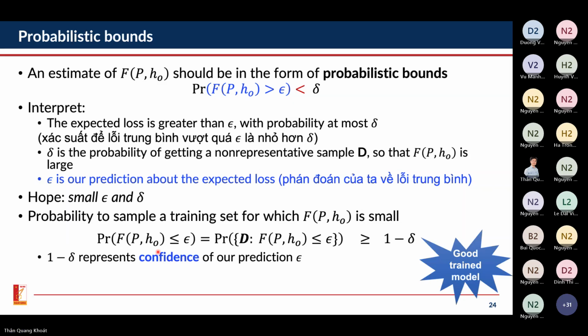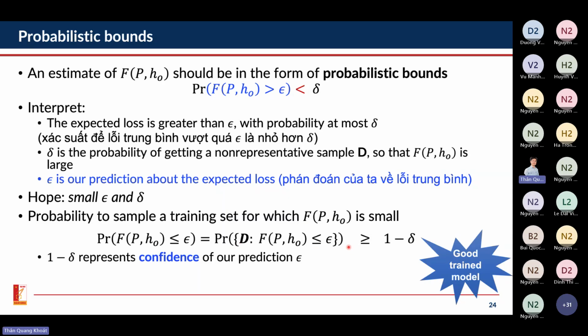The probability that the test error is at most epsilon is equal to this one, right? Here we are representing the probability according to the sampling of the data set, the training set, okay? So this is another way to represent that.